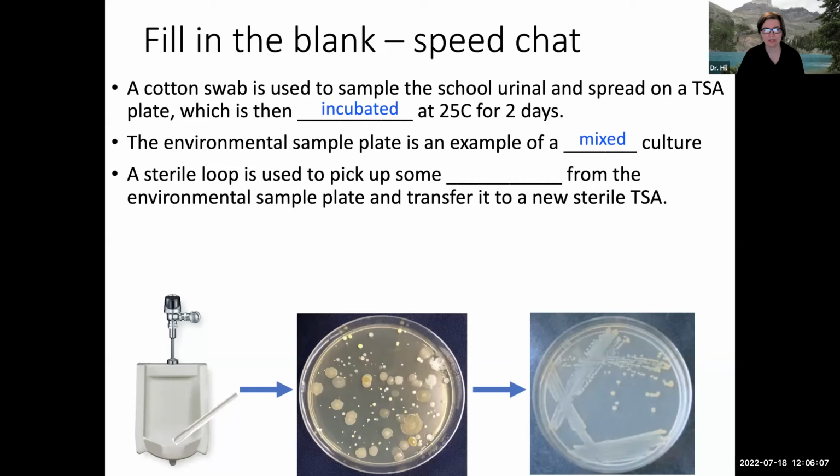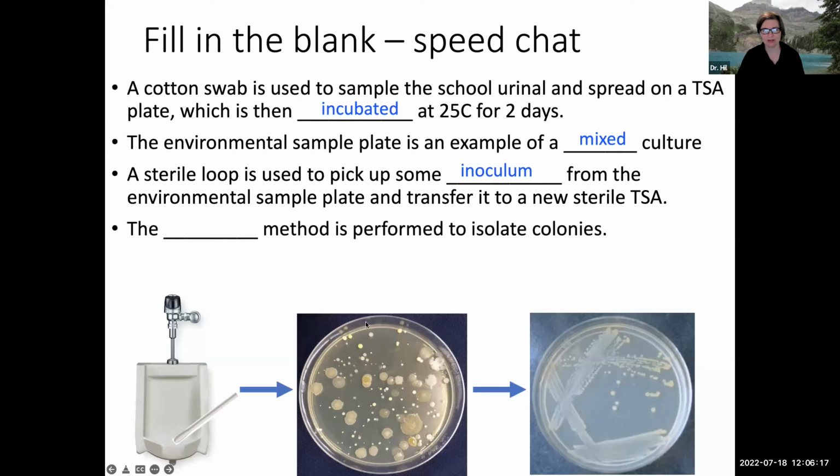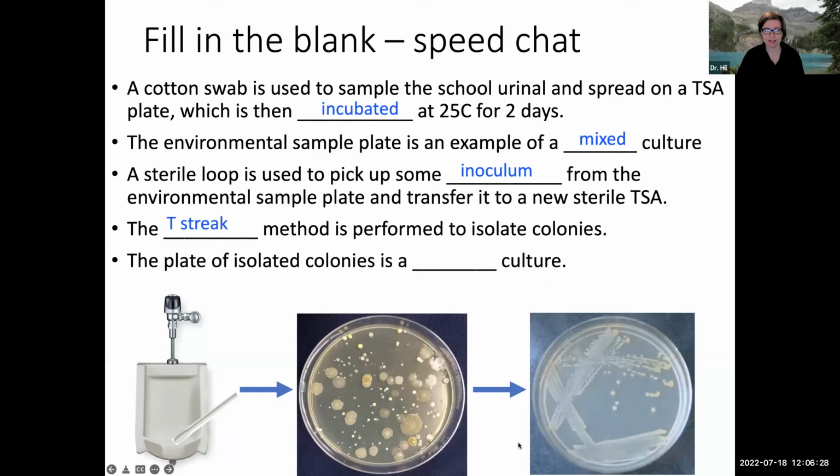A sterile loop is then used to transfer some inoculum from the environmental sample plate to a new sterile TSA. What method is performed to isolate colonies? Correct. It is a T-streak. A plate of isolated colonies, if they're all the same as each other, is considered to be a pure culture.